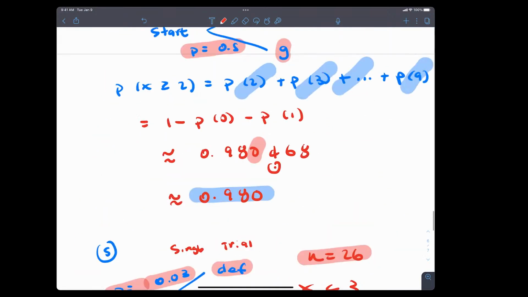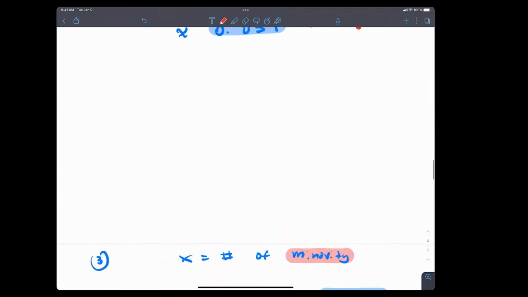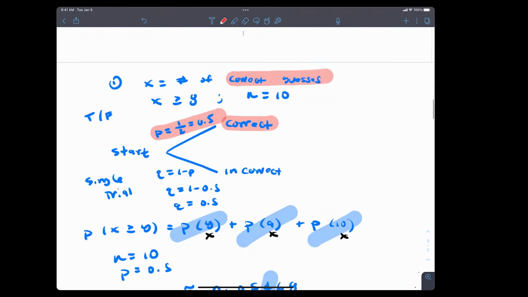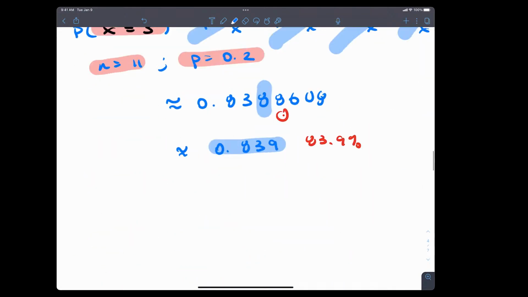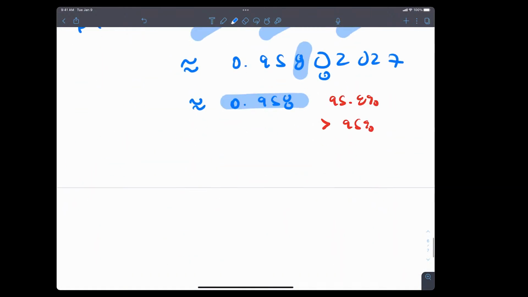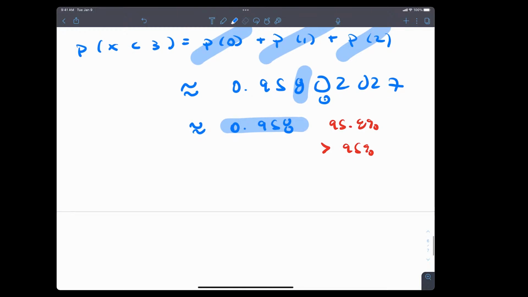So number 5, let's double check. 0.9580. Well, they did the nearest. Looks like they did the nearest ten thousandths on that one. Okay, so let's go back to number 5. And you go, oh, this is what I would say. Look at the nearest ten thousandths position. That's where they went to.